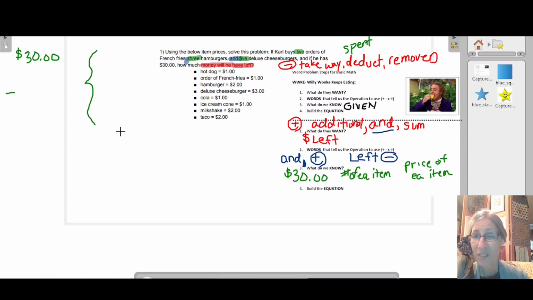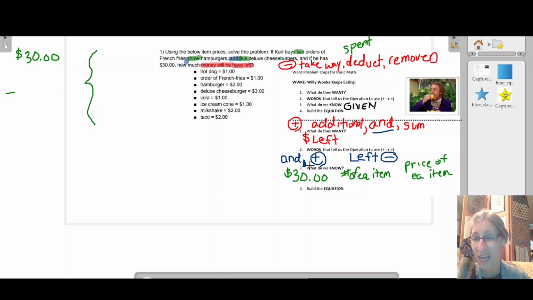And is that going to be our addition, or is it going to be our subtraction? Yes, we're going to add up all of these items, but we have to use one more operation while adding up all those items.